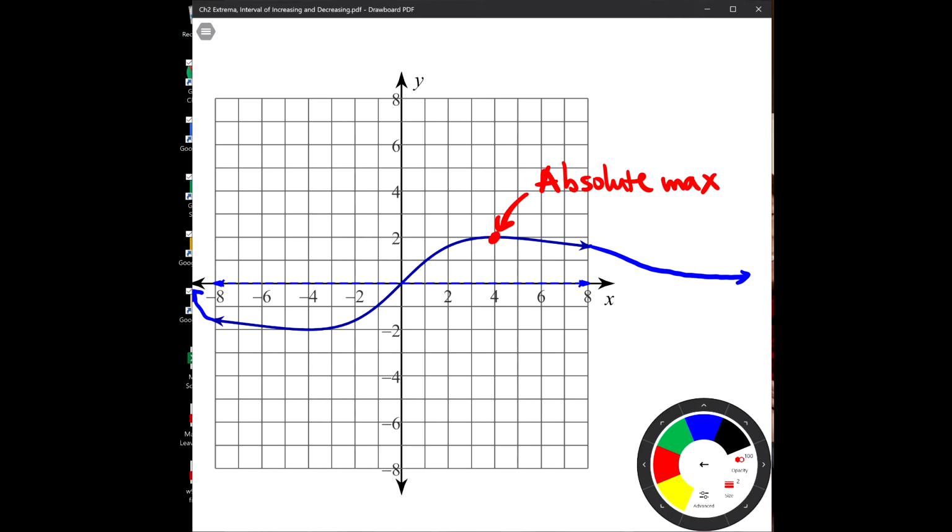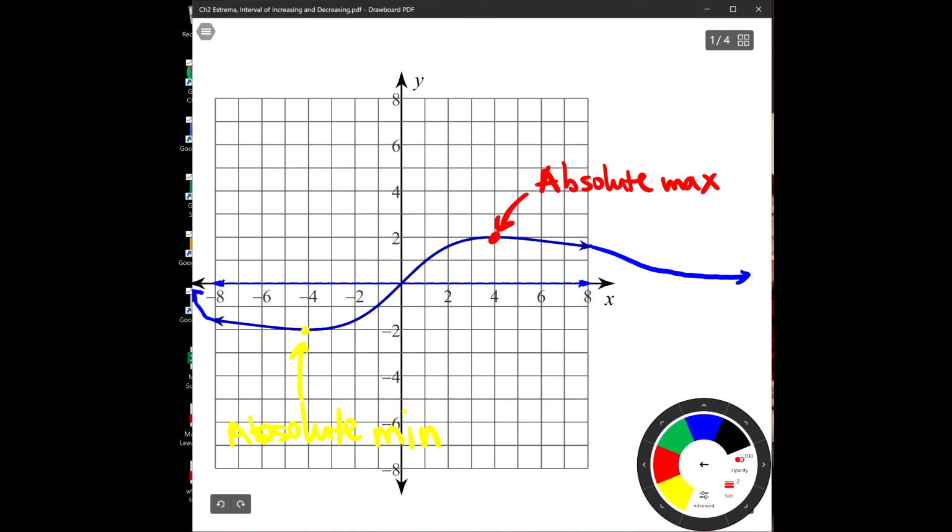And we don't have a relative maximum for this graph. And then same thing, the lowest point on the graph is this one right here. So this becomes the absolute min, or minimum point, for this graph.